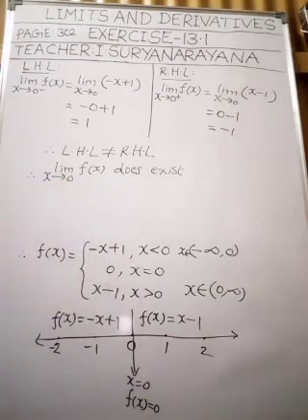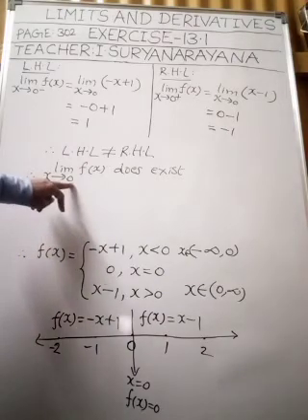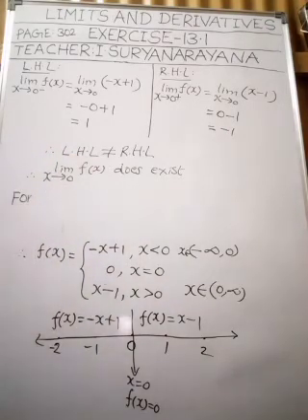So what can you say about a? What is asked in the question here? For what values of a does the limit as x tends to a of f of x exist? For a not equal to 0, because for a equal to 0 the limit does not exist.